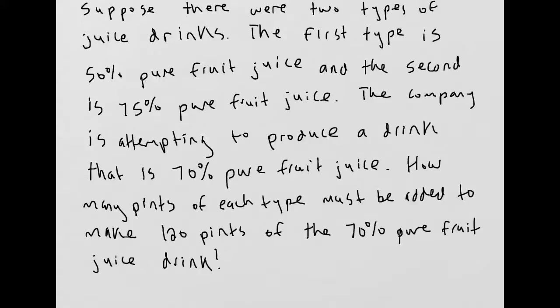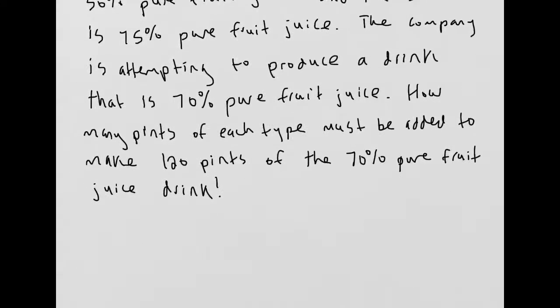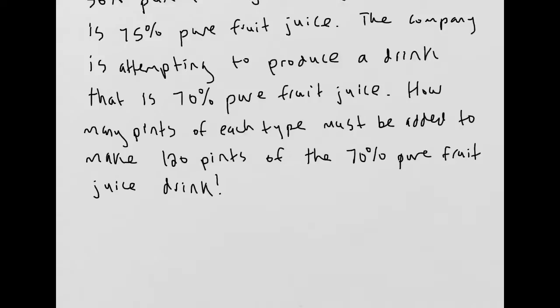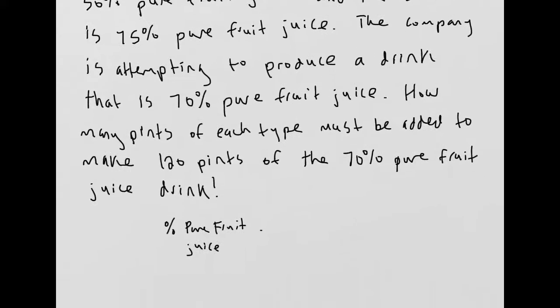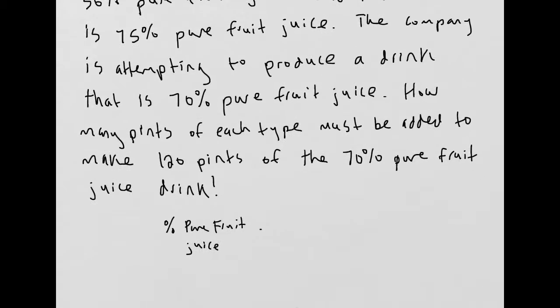So what I want you to notice is that this is really similar to the car situation. If I take the percentage of my juice that's pure fruit juice and I multiply that by the number of pints of juice I have, remember that juice includes both the pure fruit juice as well as probably water or some other substance.